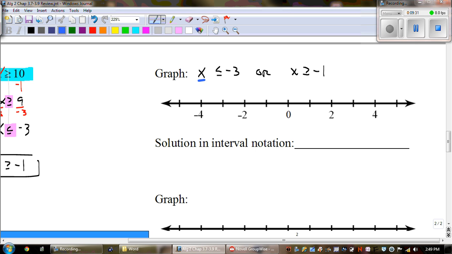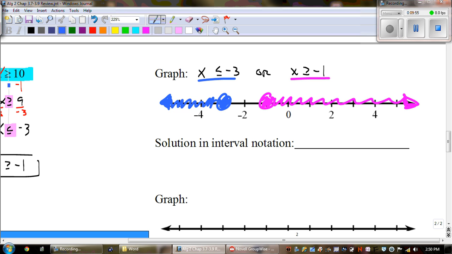Okay, so we'll do the blue first. At negative 3, we're closed, and we shade everything to the left because it's less than. Here we'll do pink. Once again, I'm closed at negative 1, and I shade everything to the right. Okay.